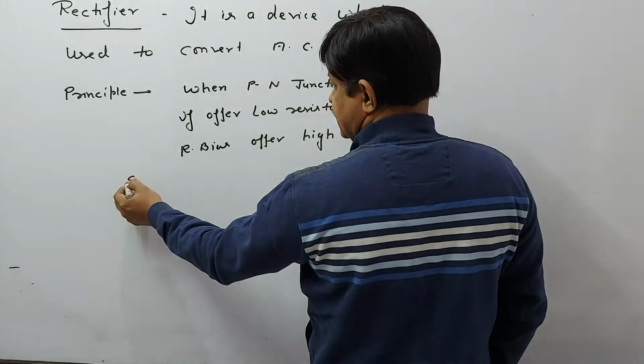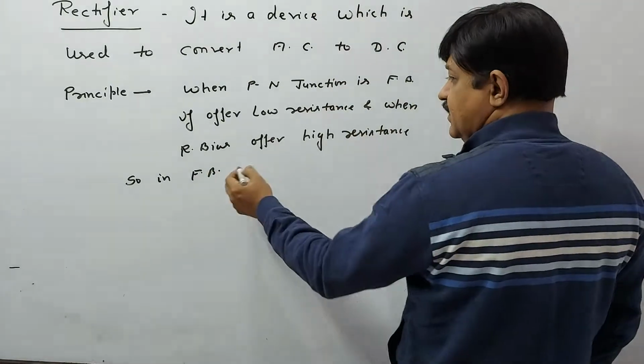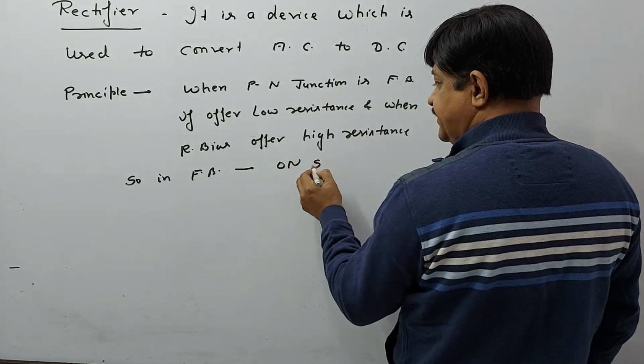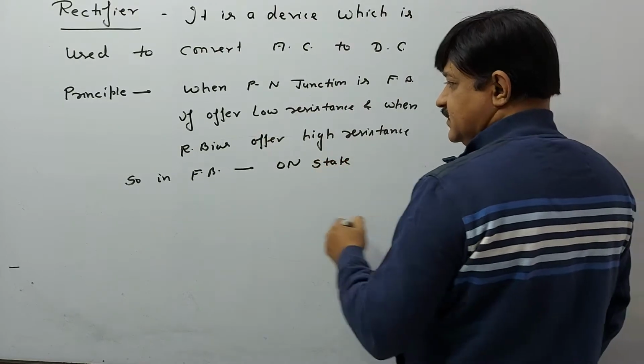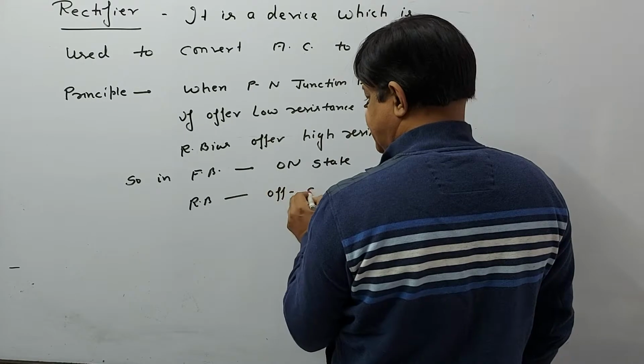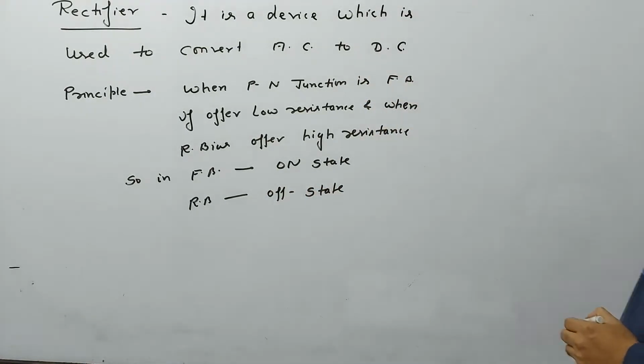So in forward bias, it will be in on state. In reverse bias, it will be in off state. This is the principle of how we convert AC to DC.